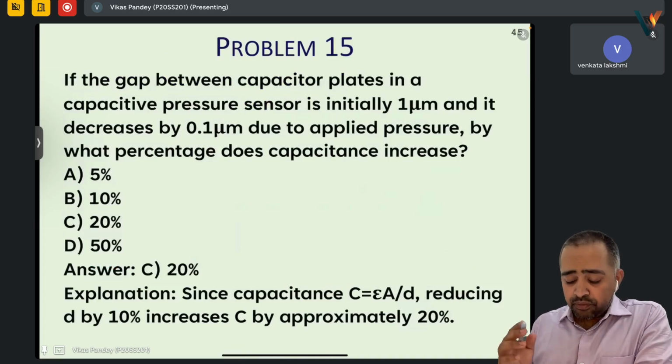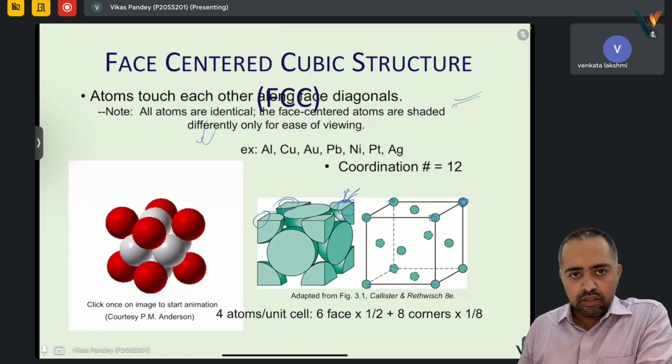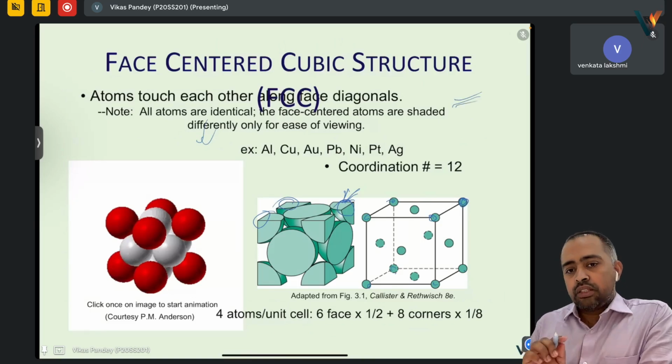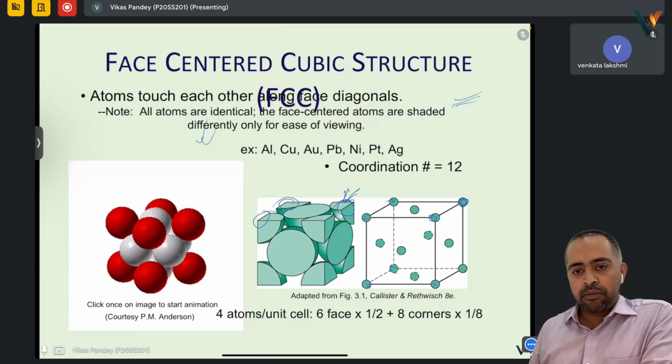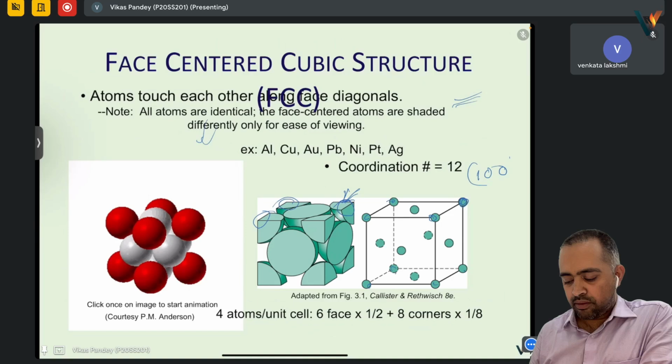Now, if you see the 1 0 0 plane, which one will be the 1 0 0 plane? If this is the x-axis, y-axis and z-axis, cutting the x-axis at 1, right?